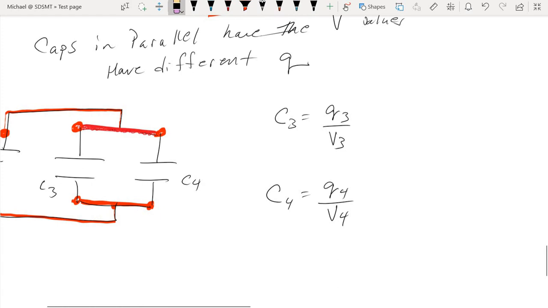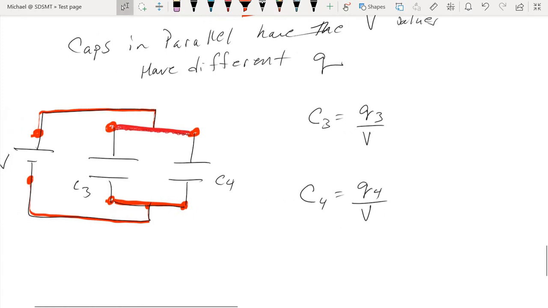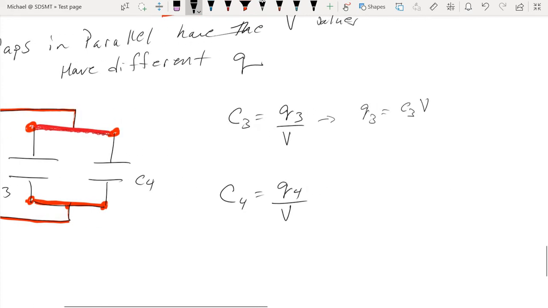Now I'm going to drop the subscripts on the V's because we know that they're both the same. To solve for the individual charges, this is going to be Q3 times V. Q3 was 300 microfarads. We've got 100 volts.